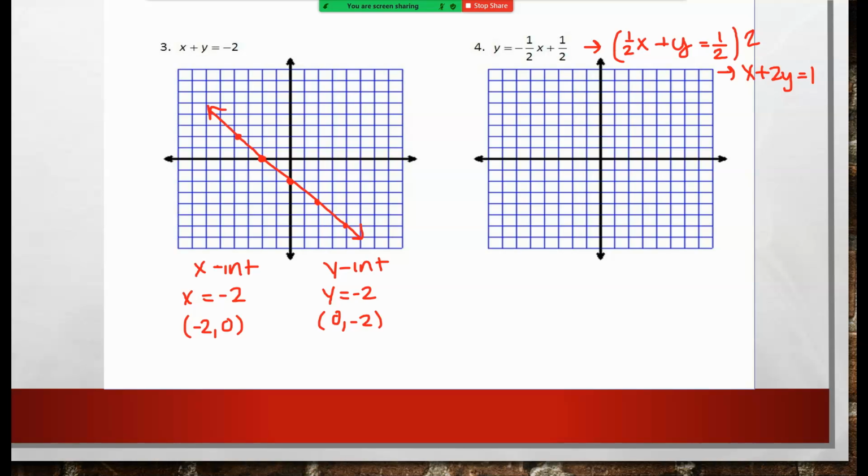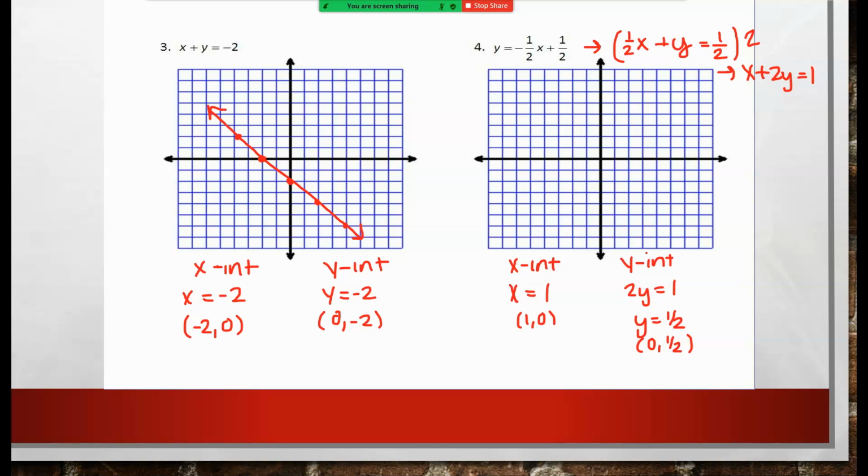The order with which we multiply or add does not change the problem. Find your x and y intercepts. So the x-intercept is 1. So you have the point 1, 0. The y-intercept is 1/2. So we have the point 0, 1/2.